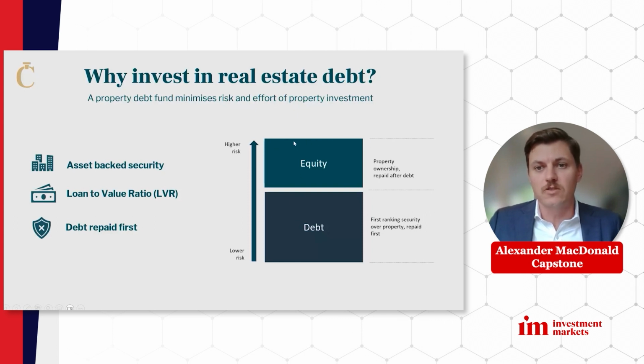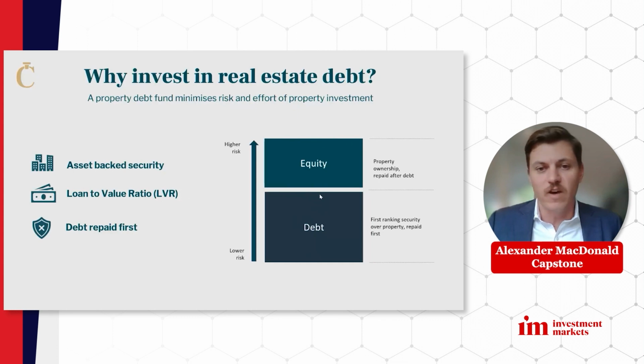This top line might be considered the total value of a property, and it's typically broken up into a debt component and an equity component. Debt would typically be a first mortgage, and then the equity. If there are changes in the valuation price, which is that top line, equity will be the one taking the full volatility of the value of the property. Debt is static and it stays at that bottom level, and it just receives its interest.